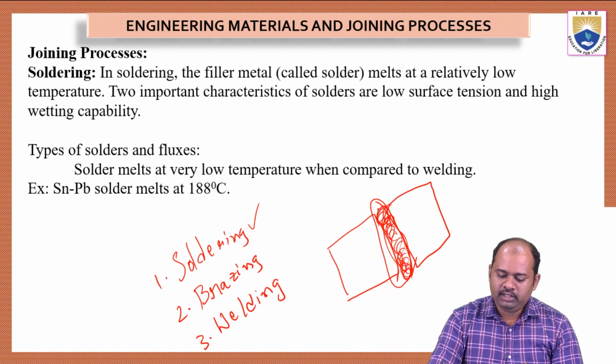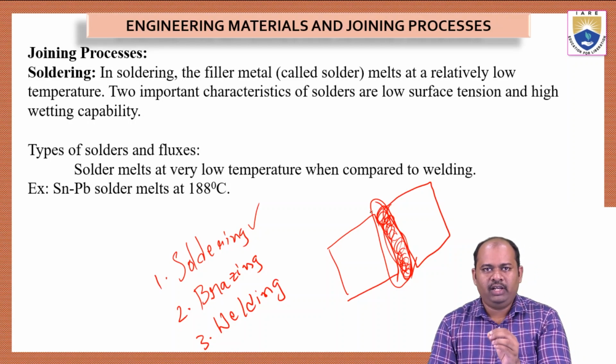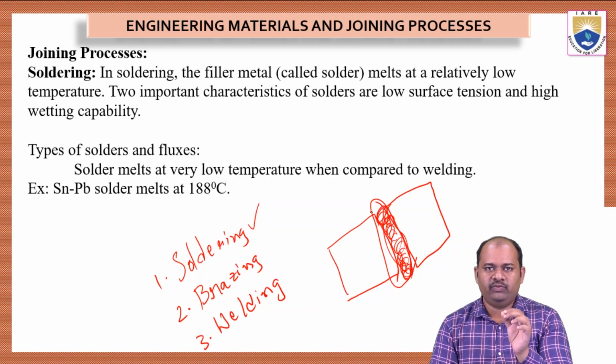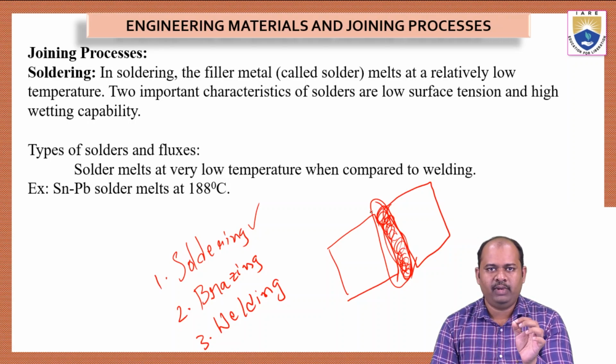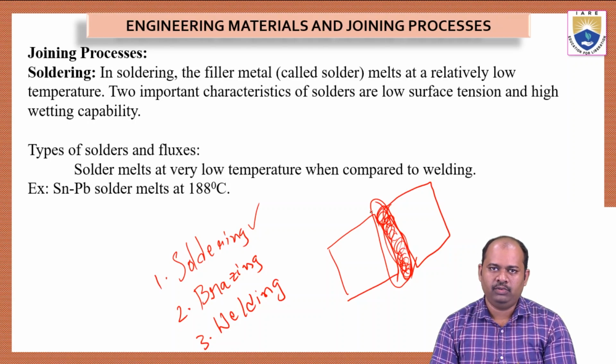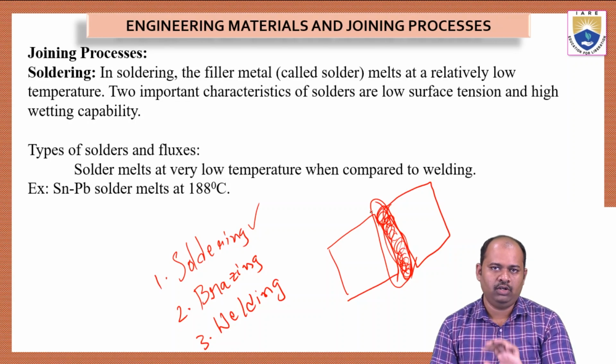Now, this meltable filler material is a key point, because the meltable rod is called a filler rod. Without this filler rod, welding is not possible, and even soldering and brazing are not possible.